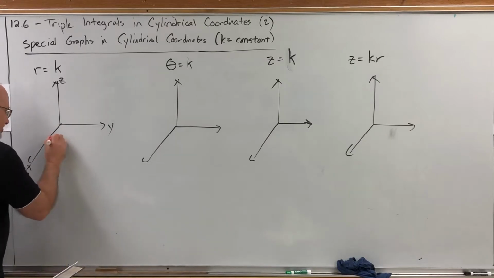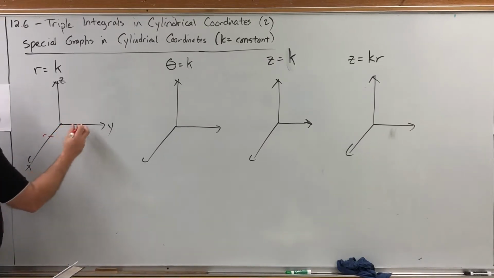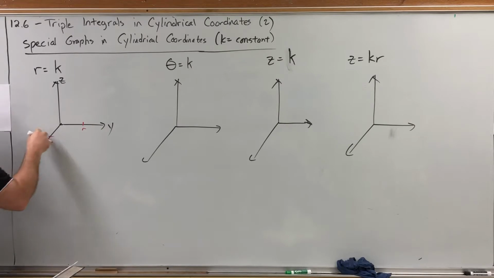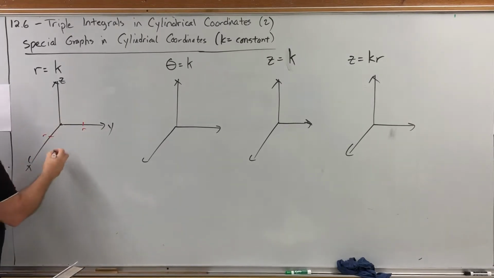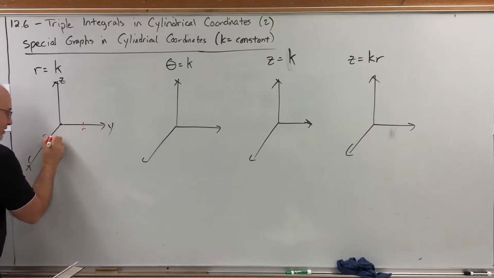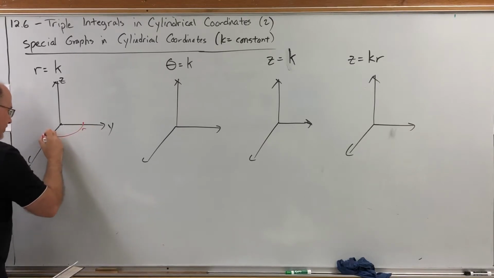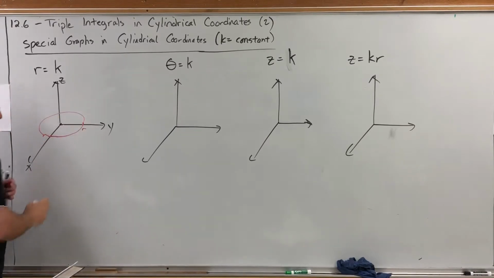So let's pretend that this is r, and we'll measure that over here also. Then if the radius is constant but the angle can be anything, then in the xy plane, my graph looks like a circle. But it doesn't just look like a circle, it is a circle.